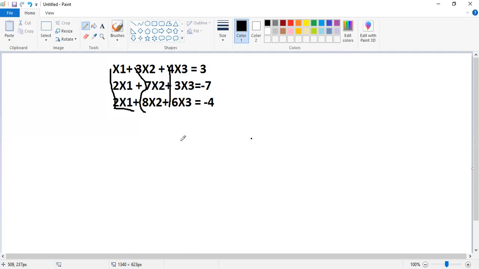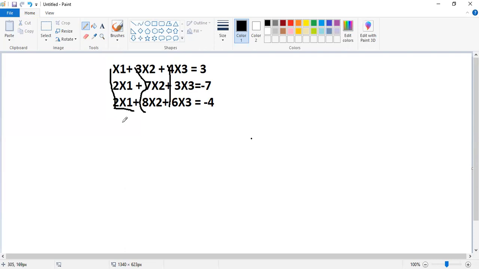So now after getting this point, the second step is to translate the equations to matrix form. So how do we do that? You first group the coefficients, then you group the unknowns, and also group the resources.